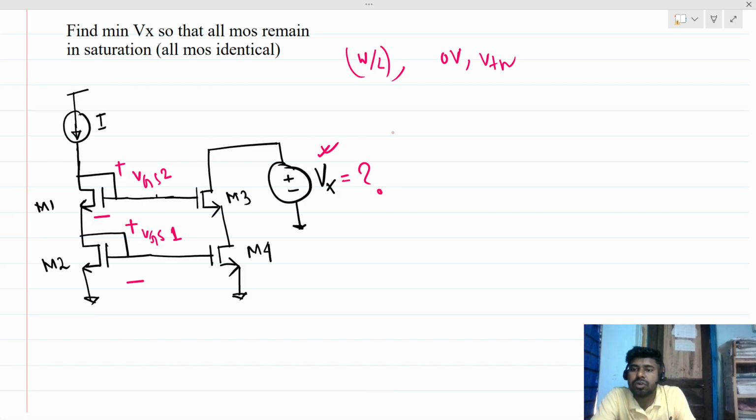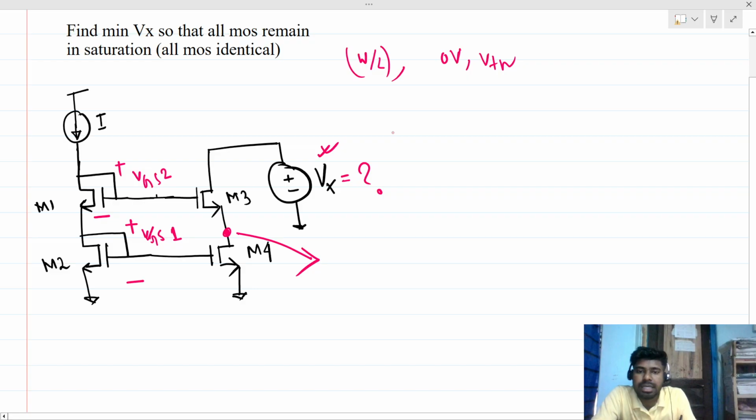To make this saturated, we need this node voltage to satisfy VDS greater than VGS minus VTN, right?